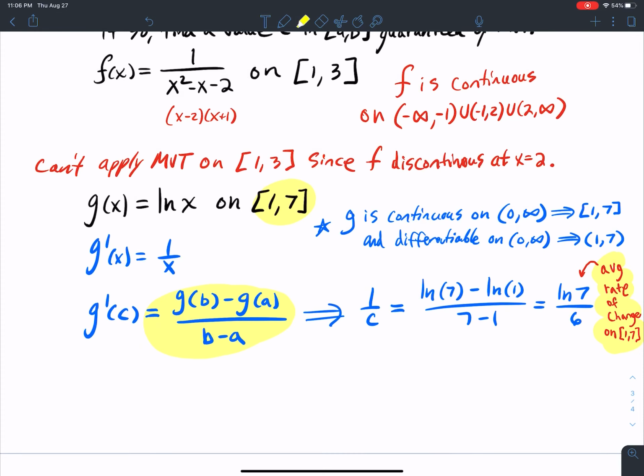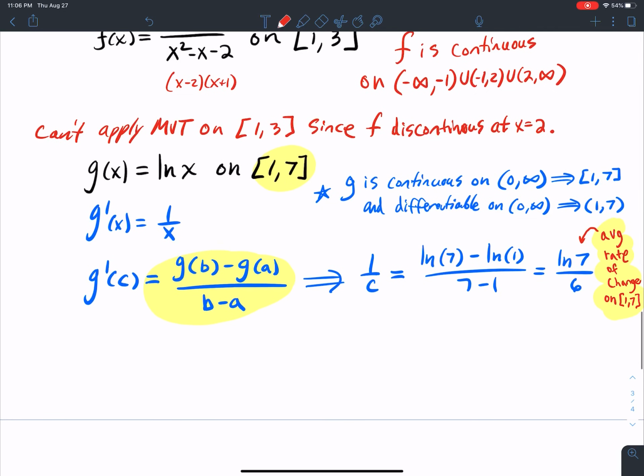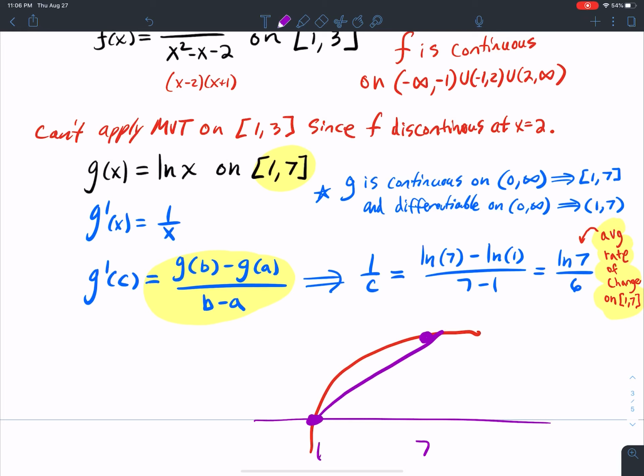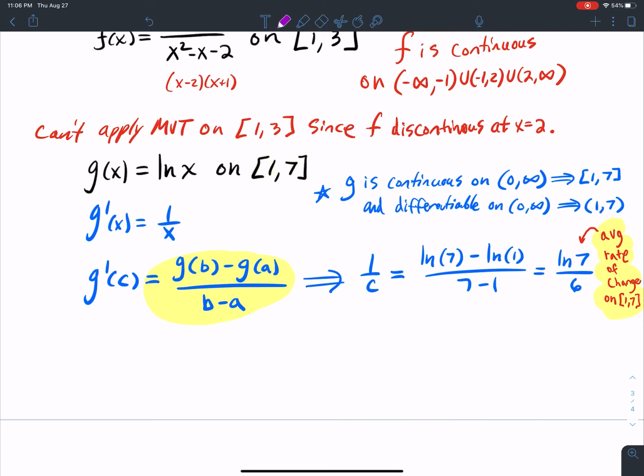And when I'm talking about the mean value theorem and the average change from 1 to 7, or whatever it is, I'm looking for that c value that has the same slope as my average change slope does. So I'm looking for some c in there that has that same average slope, okay?